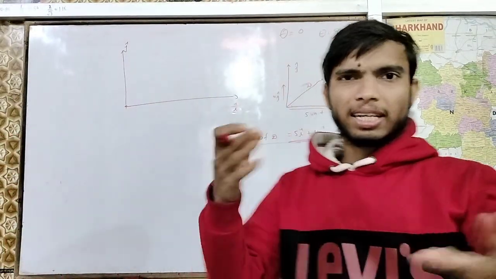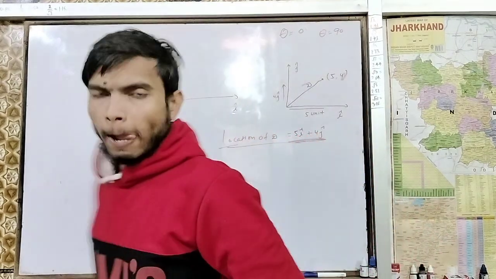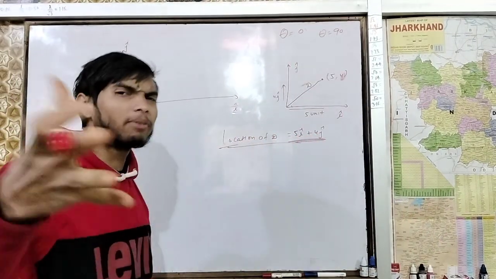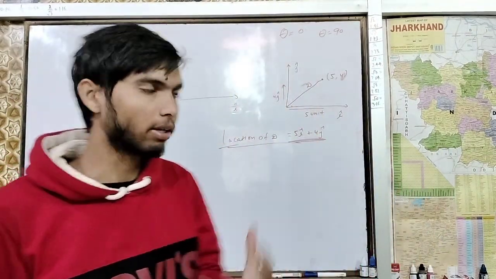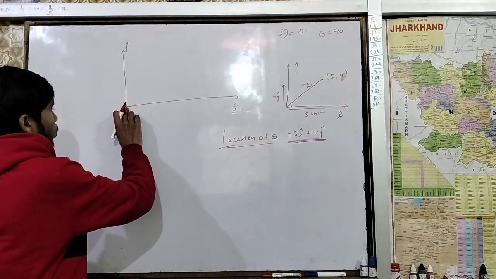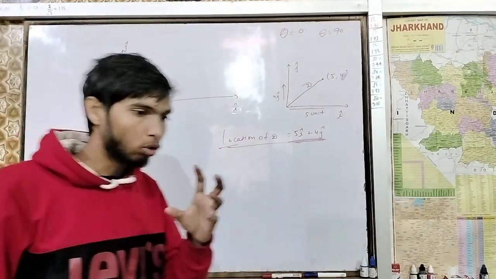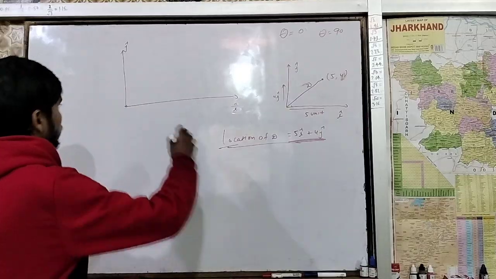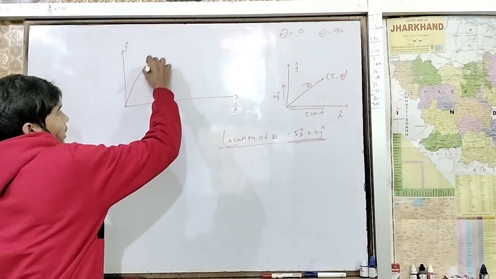Instead, we take not a straight line. I am giving you a stone. The stone was thrown from here, and it went like this.